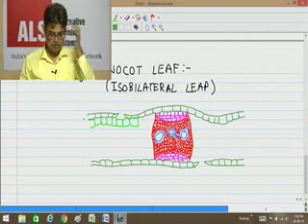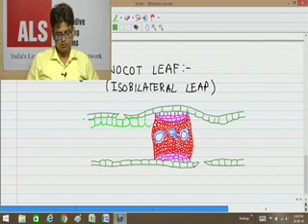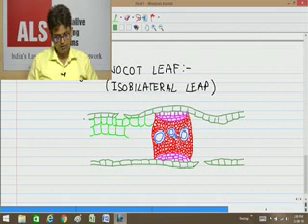Like this. Now, the remaining space we will fill it with spongy mesophyll cells. So, basically we will not call it spongy mesophyll, but just large cells, tightly packed cells.